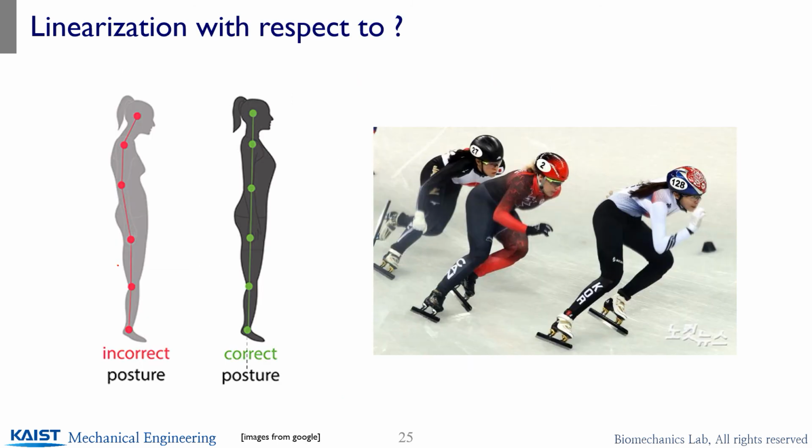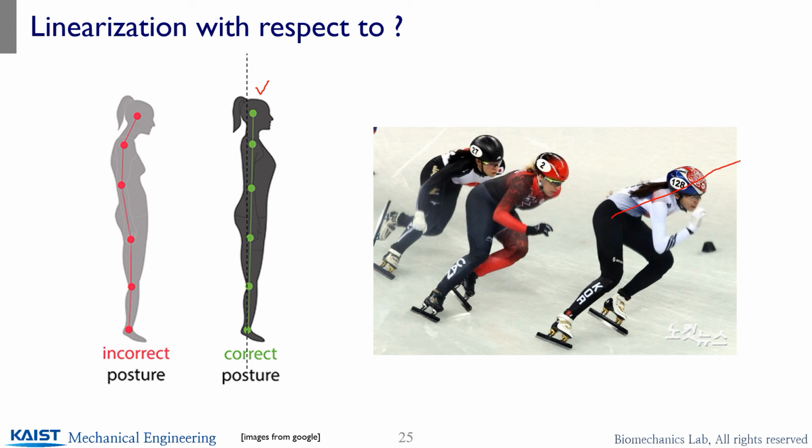So we can actually apply this when we analyze real human data. As I said, your posture is never perfectly zero with respect to the reference point, like earth horizontal or vertical. Even your upright posture might have a little bit of initial leaning, so you should linearize your posture with respect to that point.